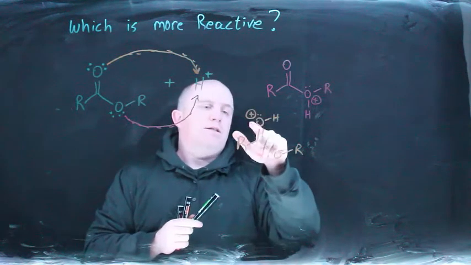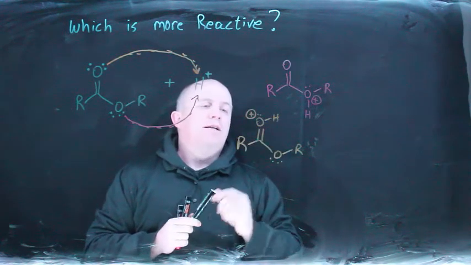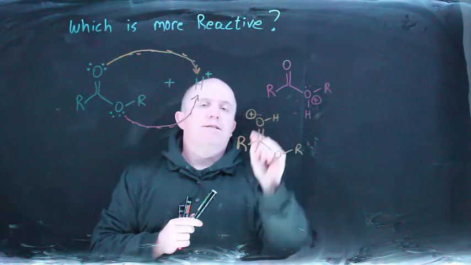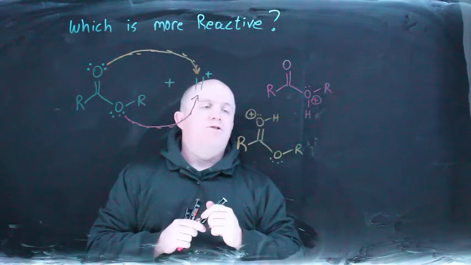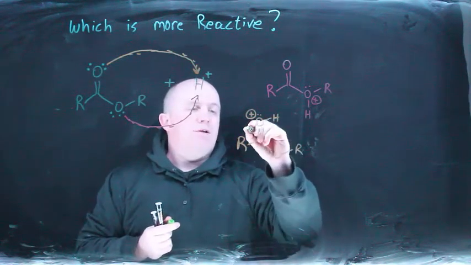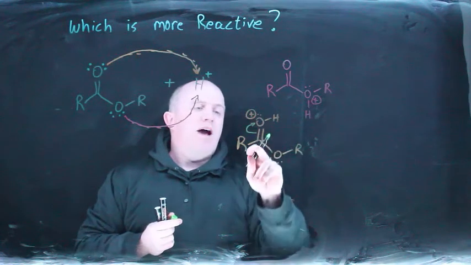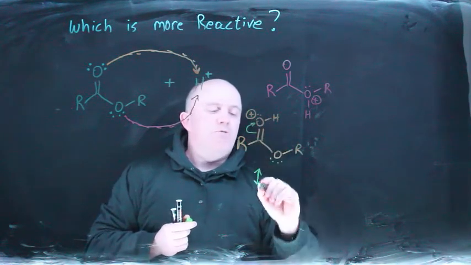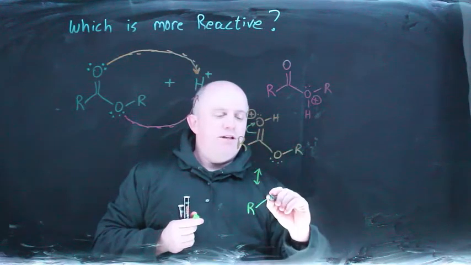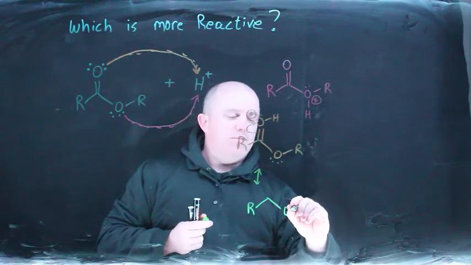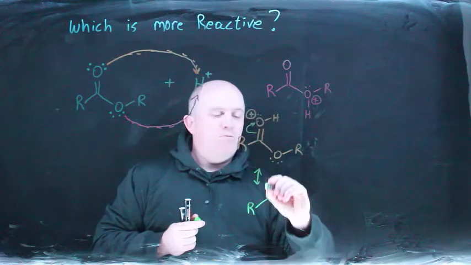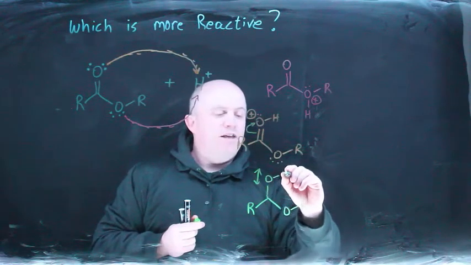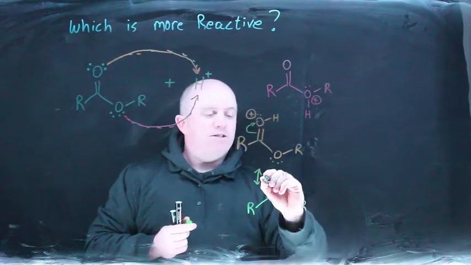This plus right here on this oxygen exists because this oxygen would like to have two lone pairs and two bonds. Can we achieve that? Yes, we can. I can take that double bond and make it into a lone pair. If I do so, I end up with a new resonance structure, one that I don't necessarily love because I'm putting a plus on the carbon, but which does at least solve the immediate problem of having a plus on the oxygen.